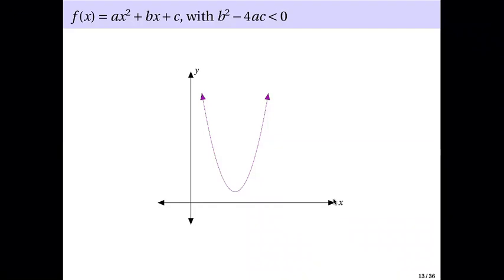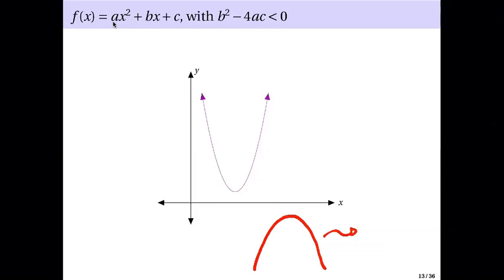If your a is negative, and you have the case b squared minus 4ac less than 0, the graph of the parabola is completely below the x-axis, because again, your a is negative, so it opens downwards. What I'm saying is if your a is negative, it can be something like this.